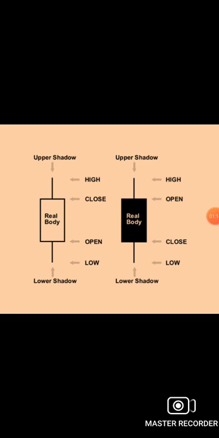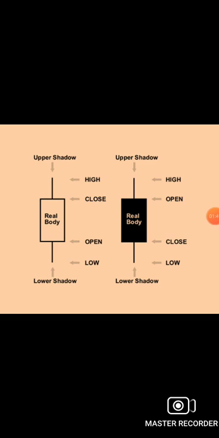You can see a white and a black candlestick. You may be having green and red. They are the same. Can you hear me? The black is the bearish candlestick, while the white is the bullish candlestick. But if you are having green and red, the red is bearish, while the green is bullish. I'm very sure you know that one by now.